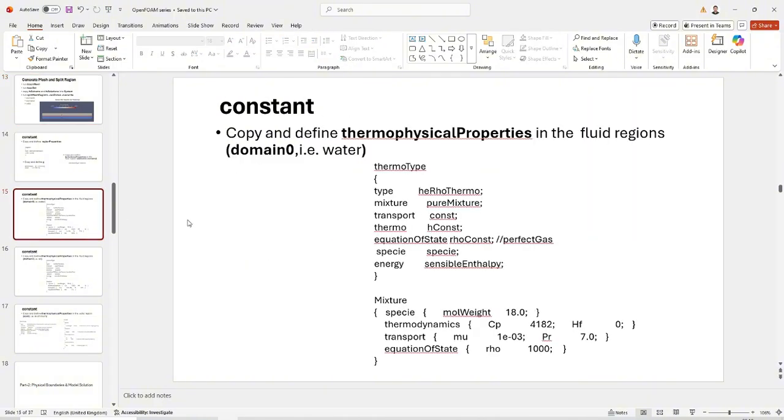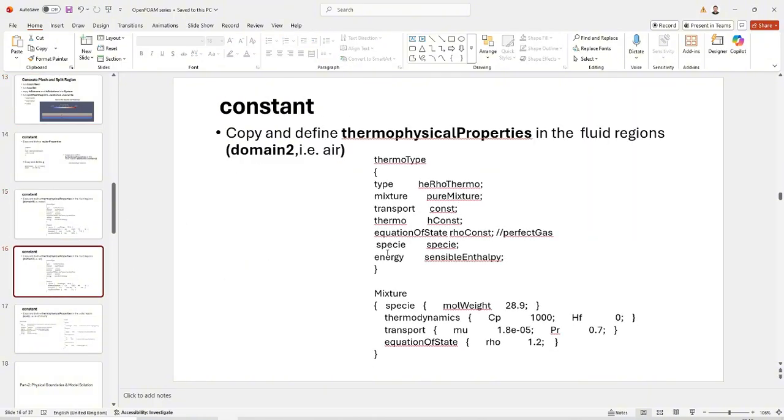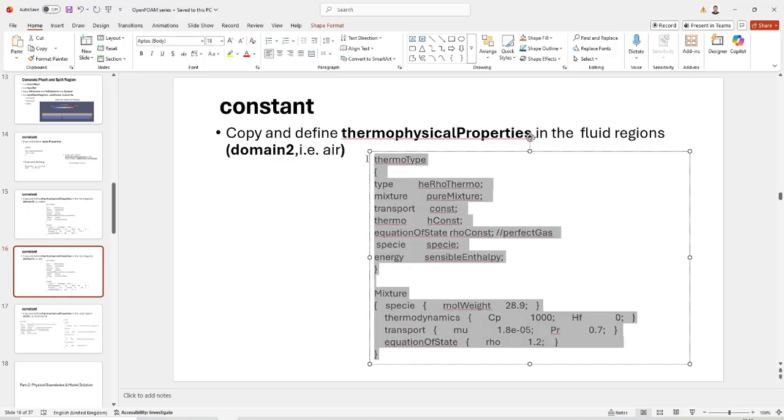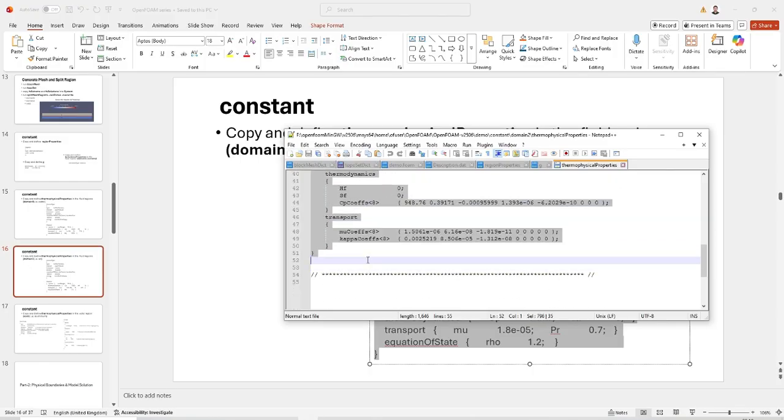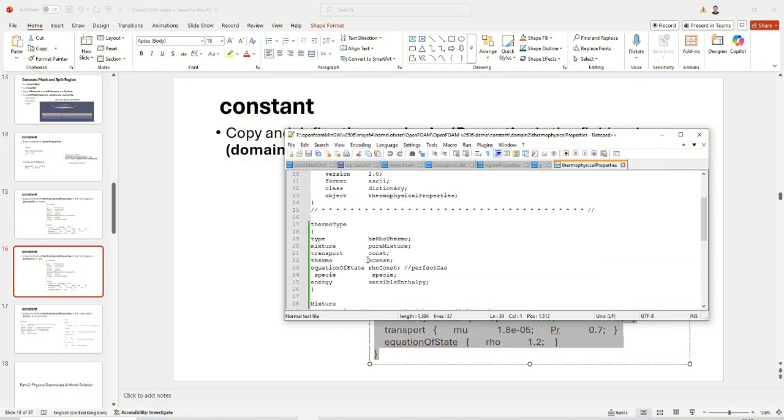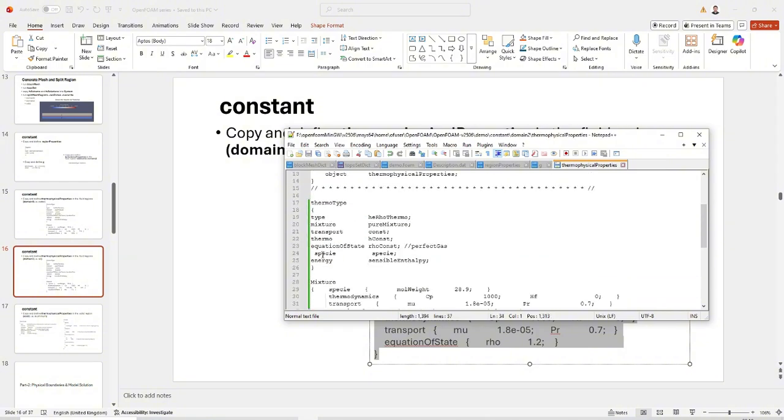Because we want the calculation to be very simple, we can copy this and replace all this here with our definitions. Our definition is quite simple, as you can see here.